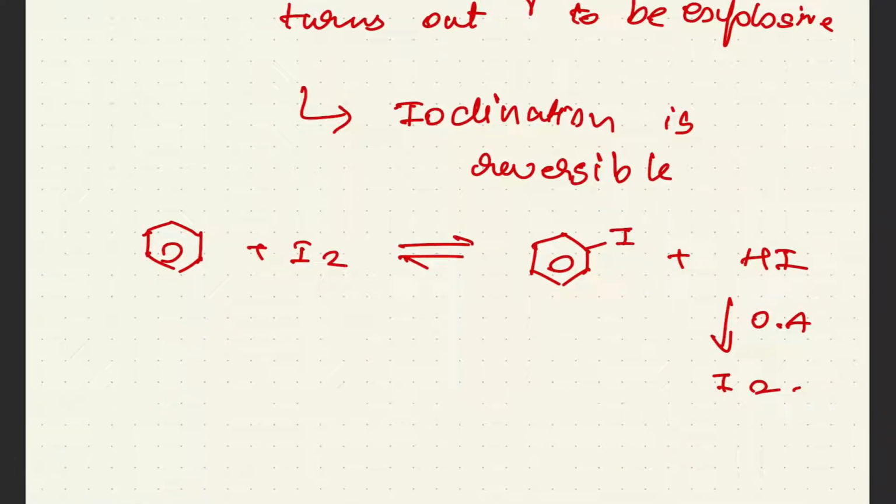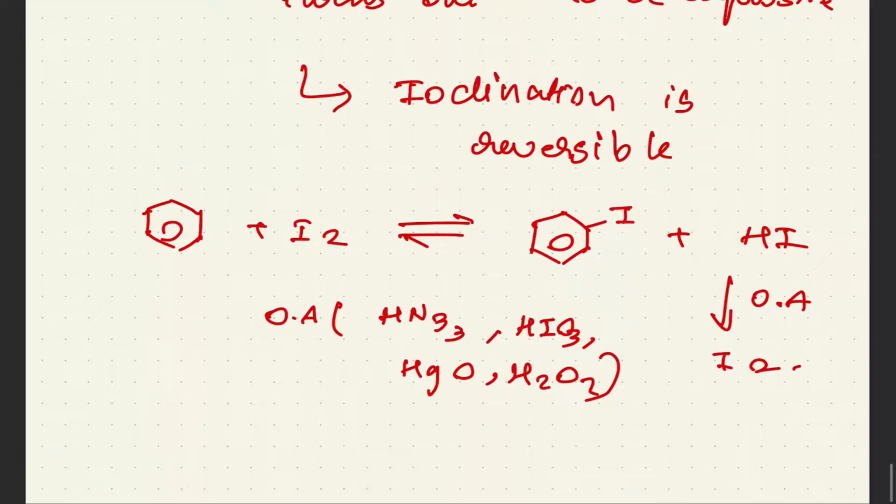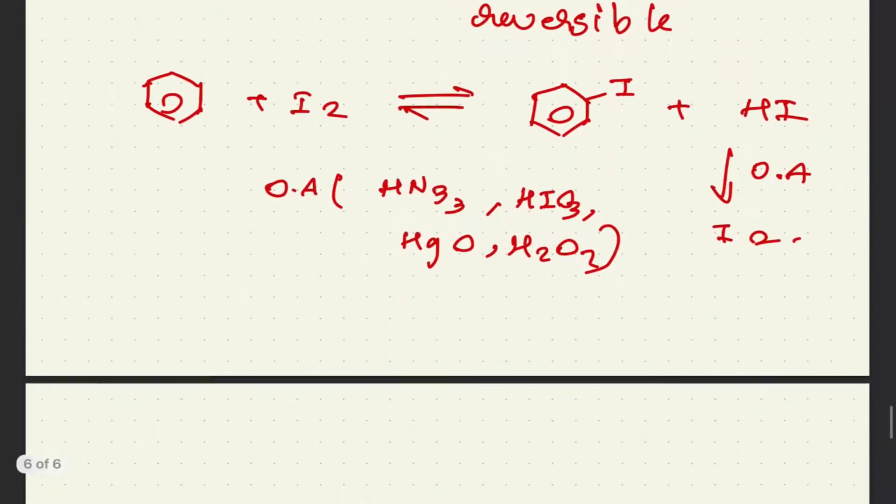We take along with this, let's say the OA, what are the OAs? I mean the oxidizing agents. HNO3, HIO3, HgO, and then H2O2. These are some of the oxidizing agents. Why do we use an oxidizing agent?